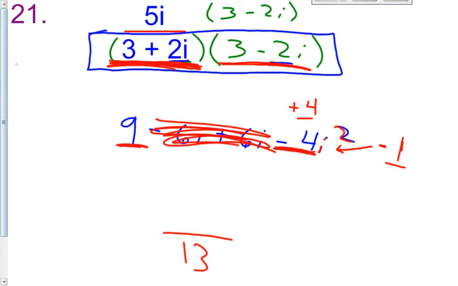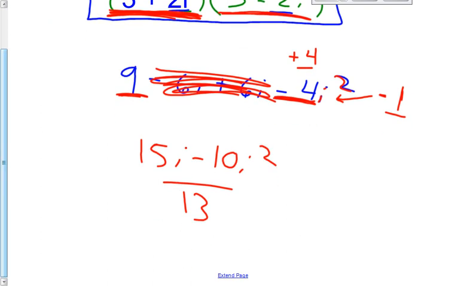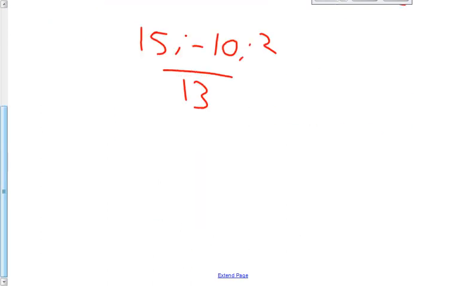So now we just have to simplify the top by distributing. 5i times 3 is 15i, and 5i times a negative 2i is a negative 10i squared. Let's change that i squared into a negative 1.